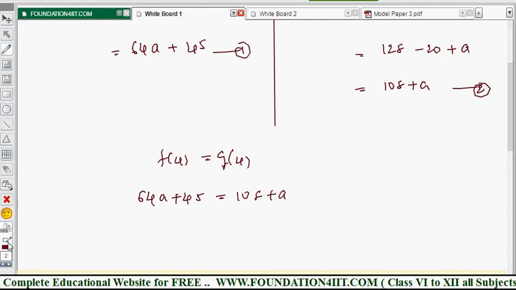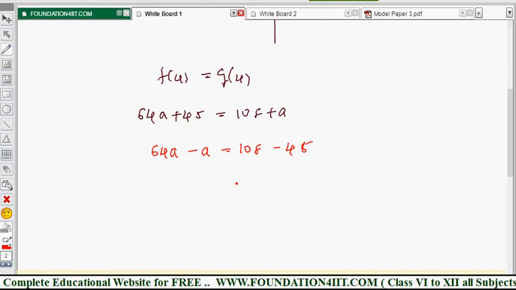Take the a terms on one side: 64a minus a is equal to 108 minus 45. Now this is 63a, and 108 minus 45 is 63, right? Then a is equal to 1. Simple. So the value of a is 1.